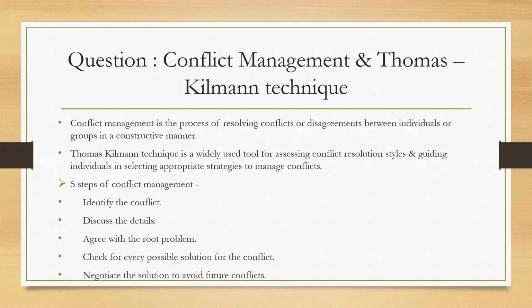Here you can see the five steps of conflict management: identifying the conflict, discussing the details, agreeing on the root problem, checking every possible solution for the conflict, and negotiating the solution to avoid future conflicts. These are the five steps you need to follow, and you need to write down how we use the Thomas Kilmann technique.